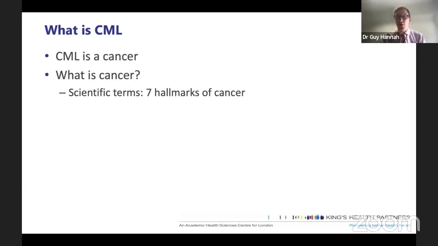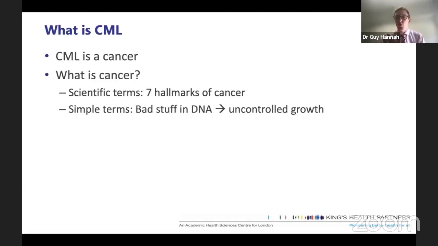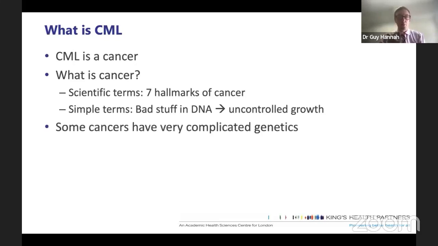In simplistic terms, something's gone wrong with the DNA of the cells, and this creates uncontrolled growth in those cells. In CML, something has gone wrong with your blood, your bone marrow stem cells, which means you get too many of your blood cells. All cancers have that principle, but some cancers have very complicated genetics.